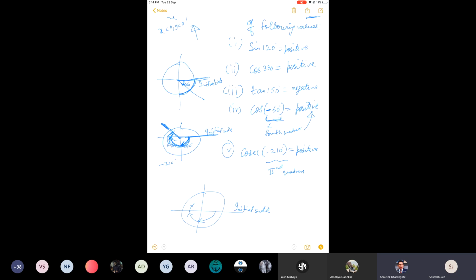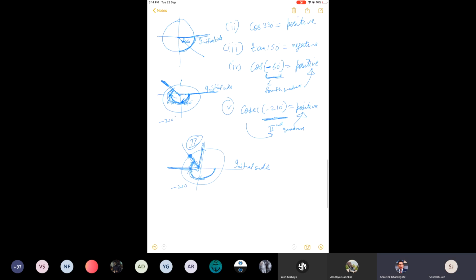Then move 30 more because you have to cover 210 degrees. So this angle is 210 degrees in the clockwise direction, so we write it as minus 210 degrees. But at this position, which quadrant is this? This is the second quadrant, right? Second quadrant, cosec is positive. Okay, sir. All right.